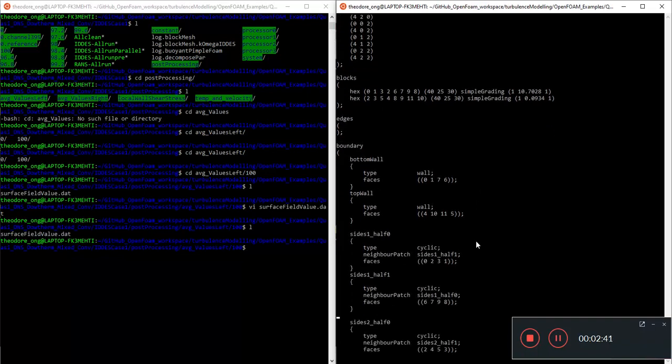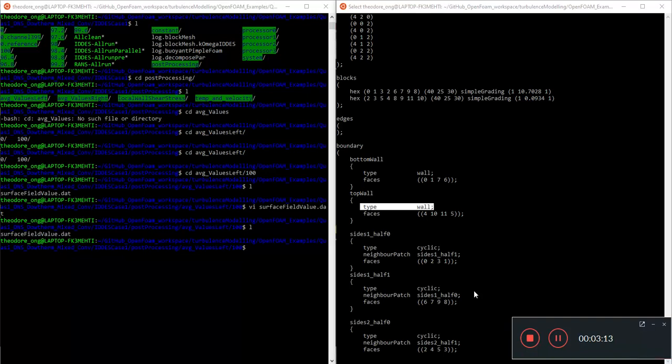Interesting things, just wanted you to take note. We use the type wall for these boundaries. The type is called wall because we still want to activate our wall functions if we want to use turbulence models, like a RANS simulation, on this.